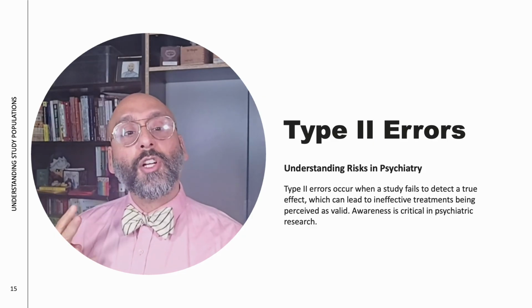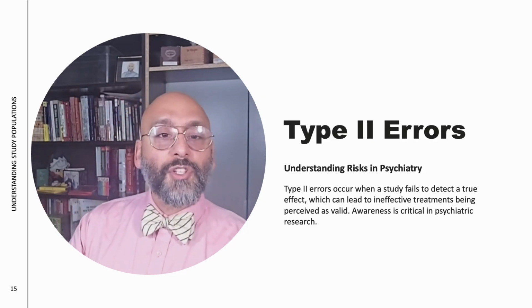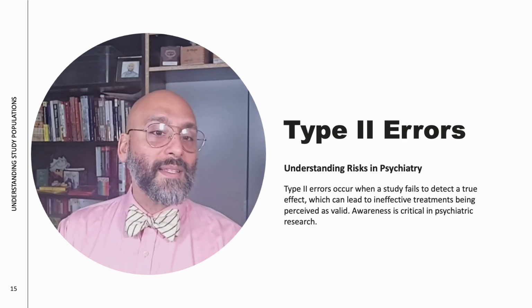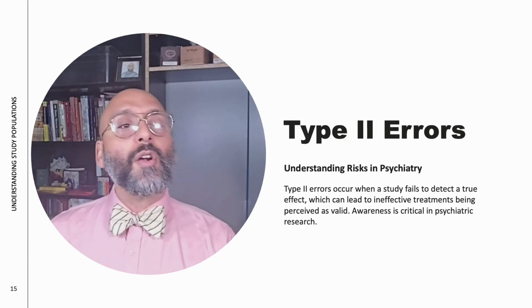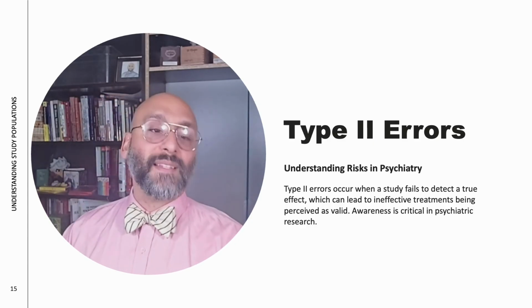Type 2 errors are closely related to statistical power. Remember, power refers to a study's ability to detect a true effect when it exists. Low-powered studies are more likely to miss real treatment effects.